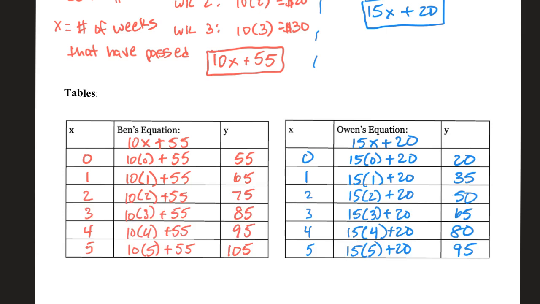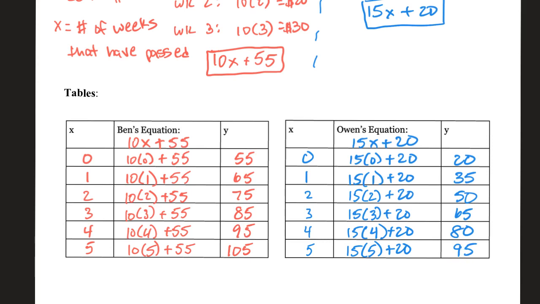Go ahead. All right, you should have tables that look exactly like this. So week 5 for Ben, he's got 105, and at week 5 for Owen, he's got 95. So they're close, but they're not matching yet. But Owen is catching up.